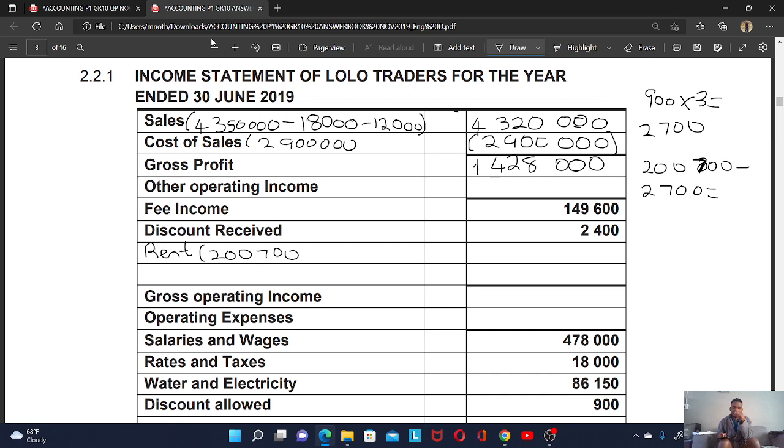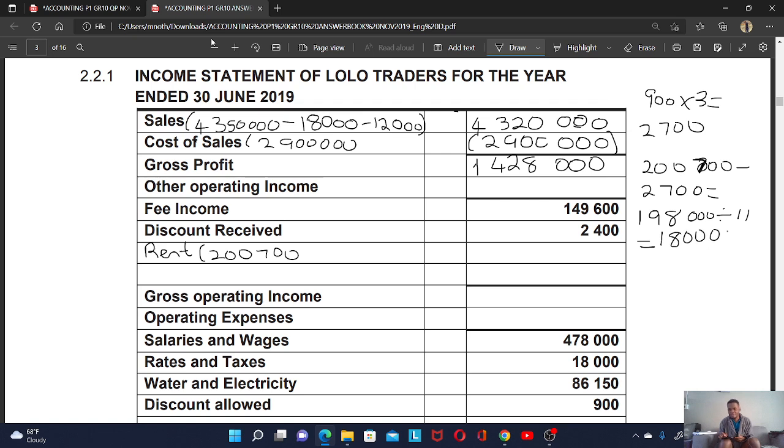Remember that this 900 has been added from March, April, May for 3 months. So the answer is 198,000, and that rent is for 11 months, so divided by 11 months. 198,000 divided by 11 is 18,000.